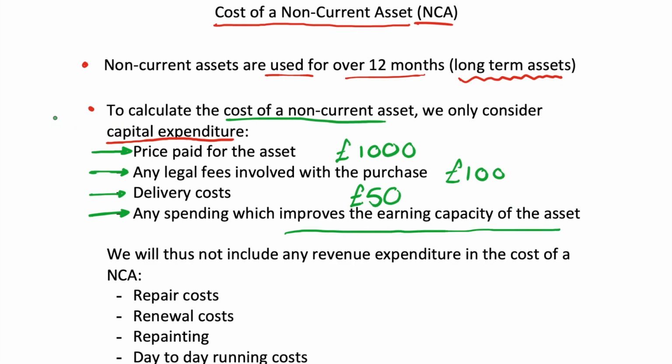And this is a key point when we're talking about capital expenditure, and we discussed the difference between capital and revenue expenditure in a previous video. So this is not the maintenance costs of the asset, that will not be included, but any spending which improves the long-term earning capacity of the asset will be included in the cost.